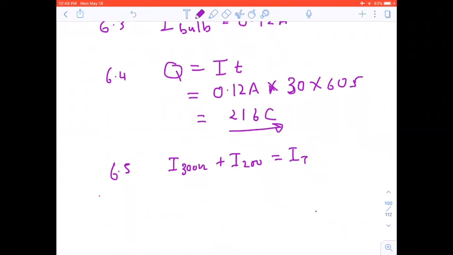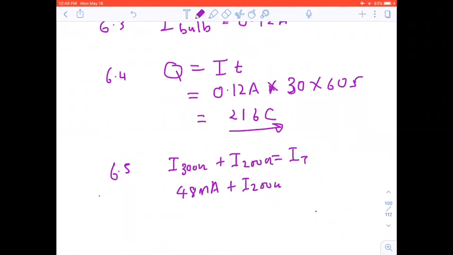In the 300 ohms it is 48 milliamps, plus I in the 200 ohms.